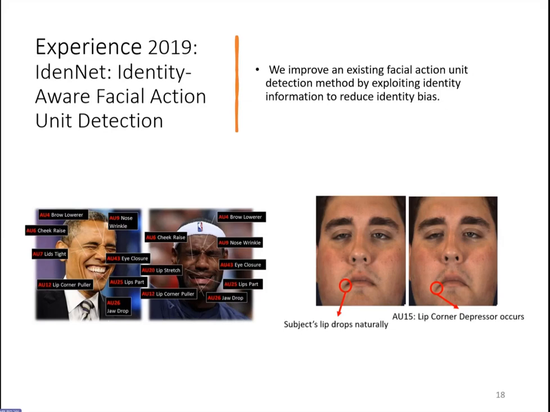And so what is the idea used by the student? He found that for different people, some people, although they don't have a certain action unit, for example, for this one, his mouth or his lips were naturally or inherently downward, although he didn't have the action unit.